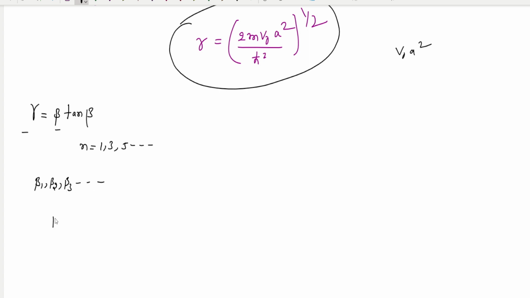For that, we already know beta square equals k square a square. Then k square is equal to 2mE divided by h cross square. Therefore, E n equal to h cross square beta n square divided by 2m a square.